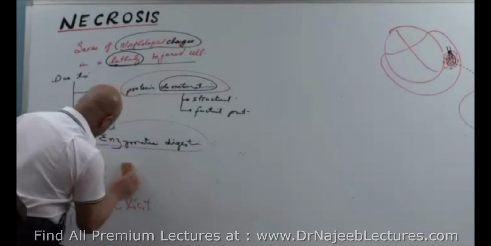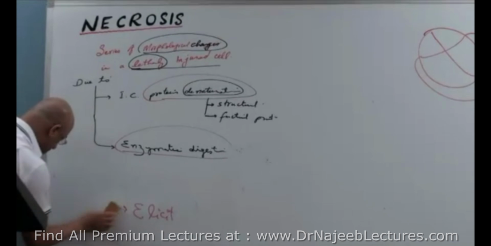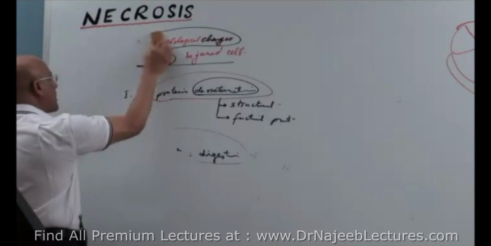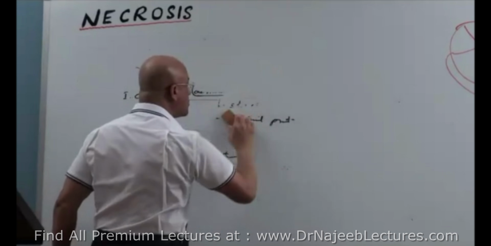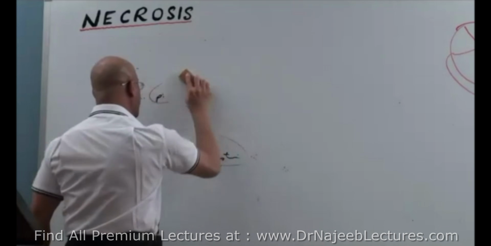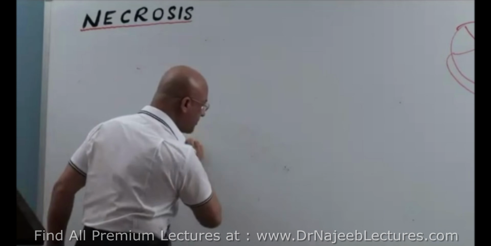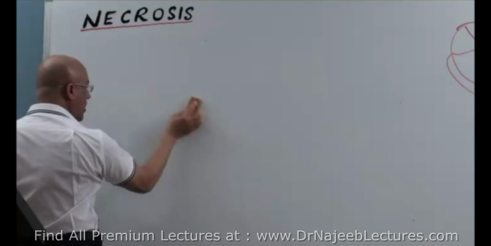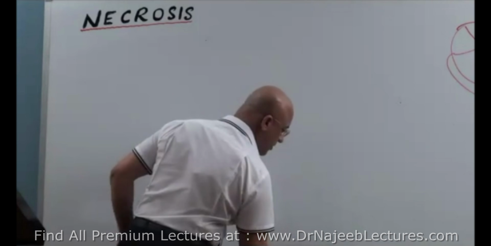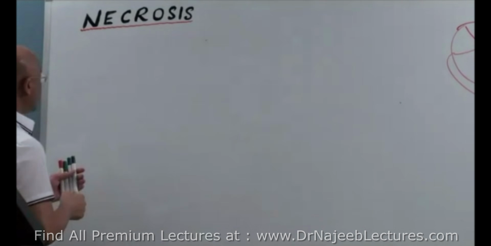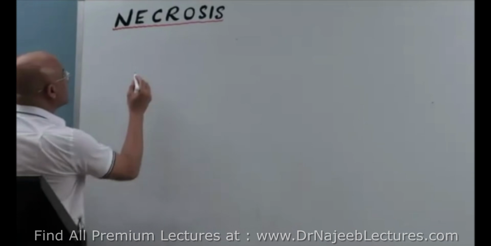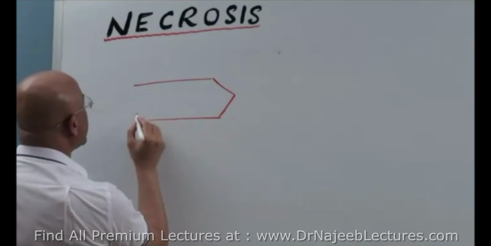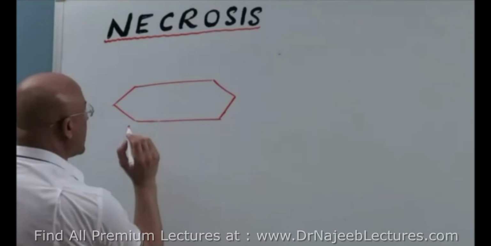Of course, changes can occur in cell membranes, in cytoplasm, in cytoplasmic organelles, and in nuclear material. Now, let's suppose this is our normal cell, and I will compare it with the necrotic cell.